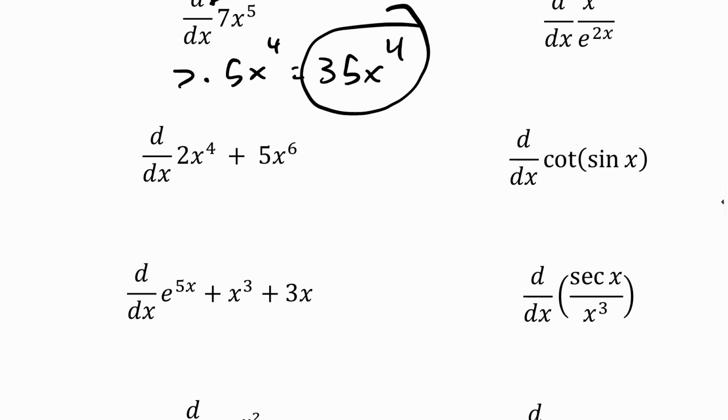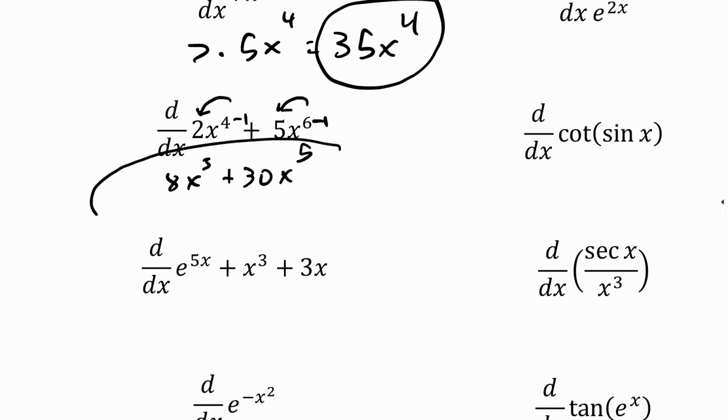And remember that the sum of the derivatives is equal to the derivative of the sum. So just do the power rule here. So it's going to be 8x cubed plus 30x to the fifth, right? Bring down the 6. So there's your derivative.